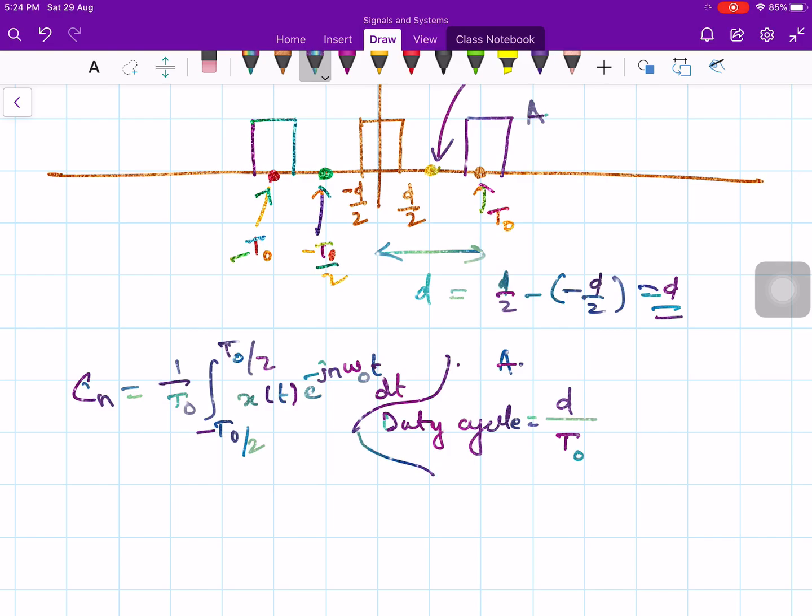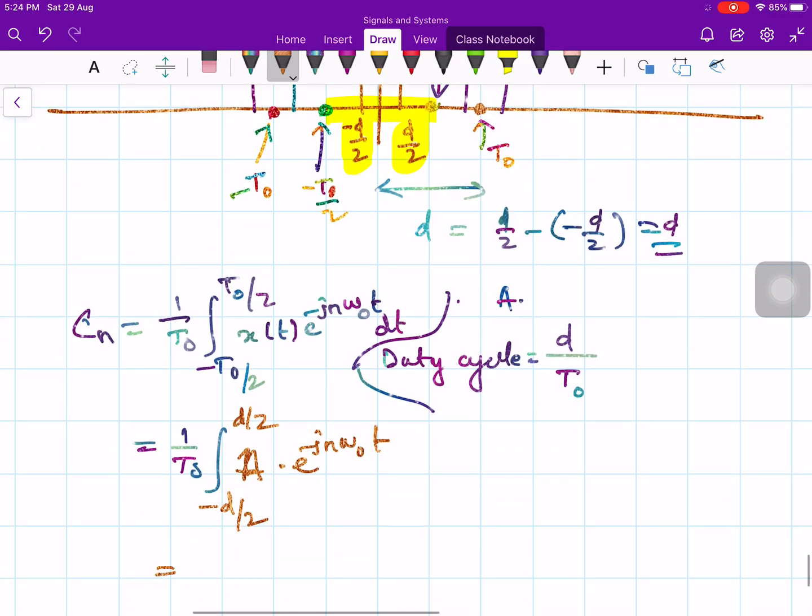In this range the amplitude is A, and the values are minus d by 2 to plus d by 2. What is the x of t value? It is A times e to the minus j n omega naught t, and A is a constant.